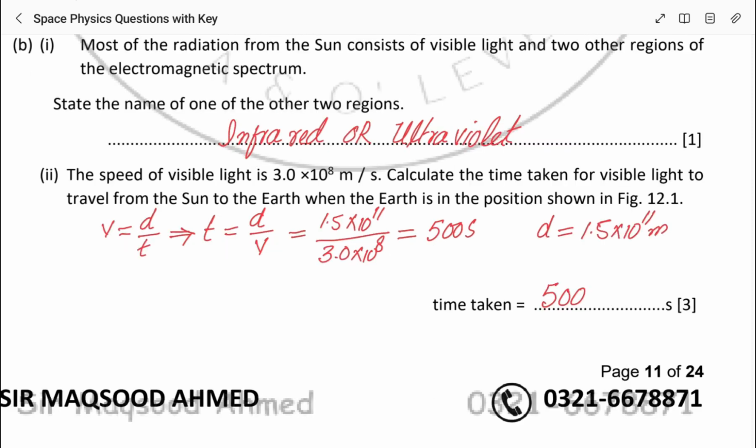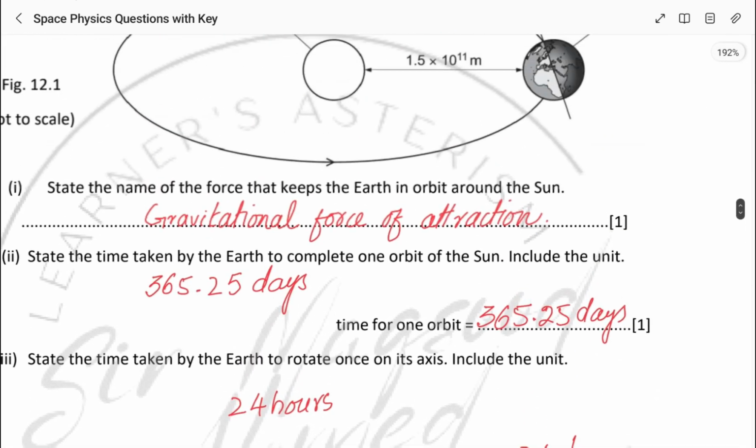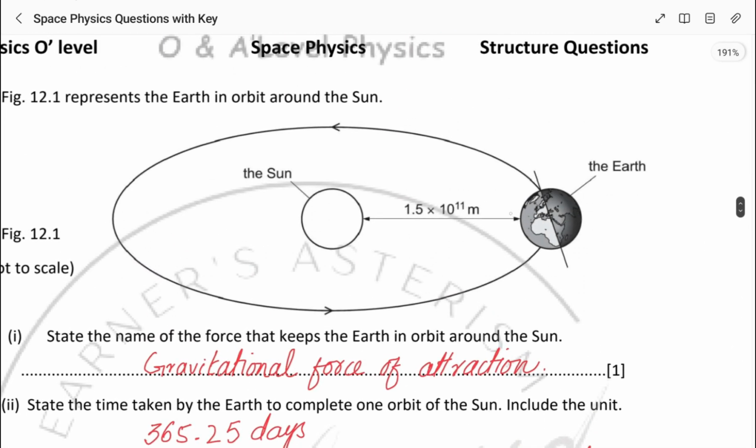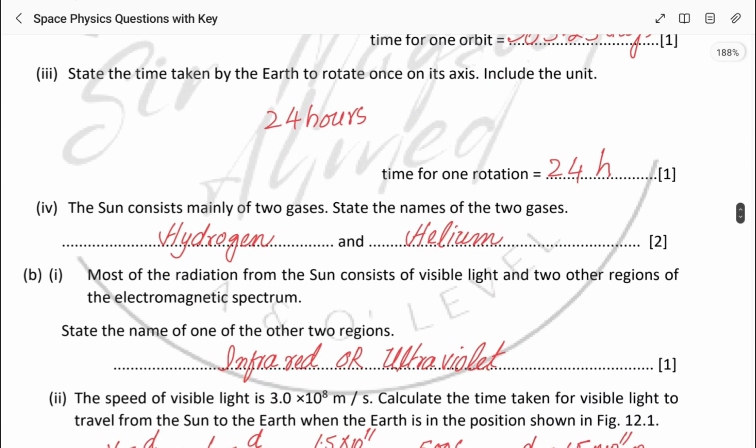B, second part, the speed of visible light is 3.0 × 10^8 meter per second. Calculate the time taken for visible light to travel from the sun to the earth when the earth is in the position shown in the diagram. Dear students, in the diagram, the distance between the earth and the sun is already given, that is 1.5 × 10^11 meter.